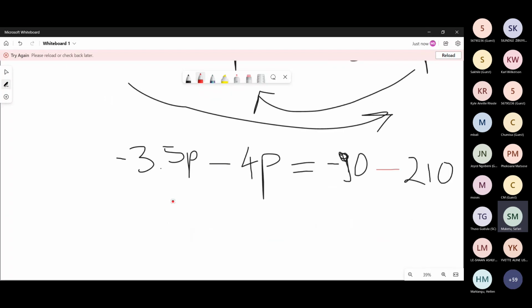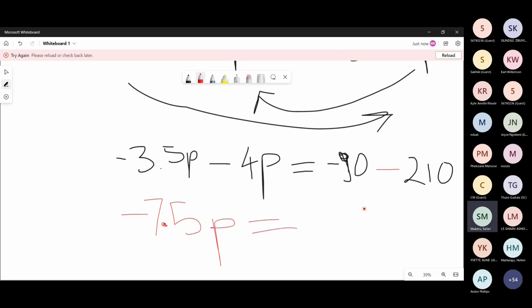Now here we have negative 3.5, negative 4. This will be what? Negative 7.5, right? So negative 7.5P equals, what is this? Negative 90, negative 210.